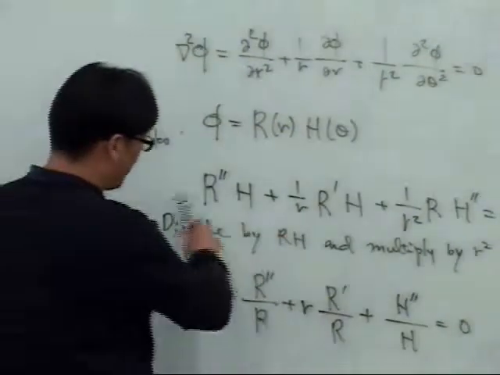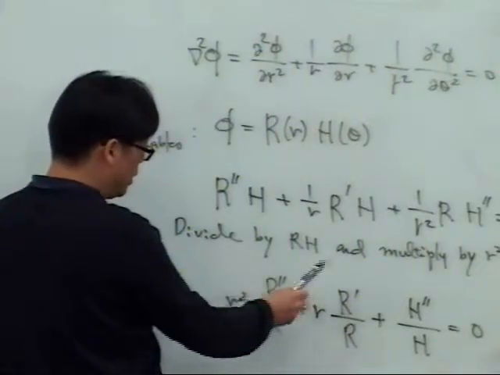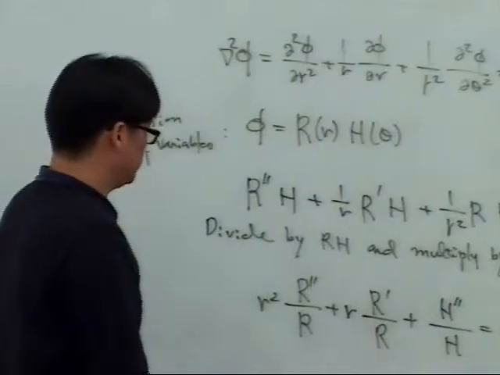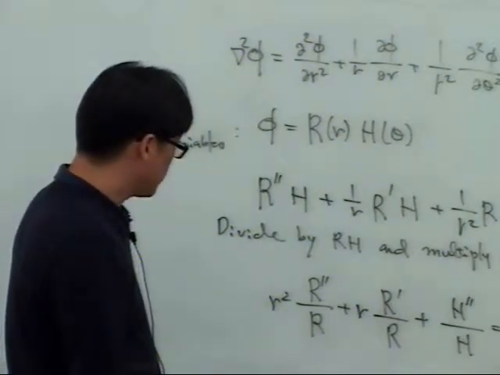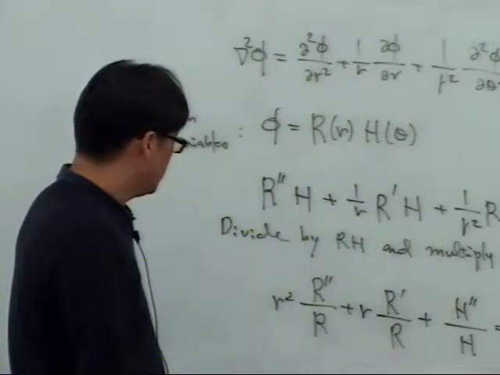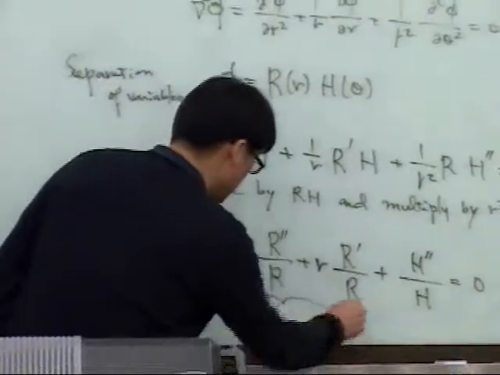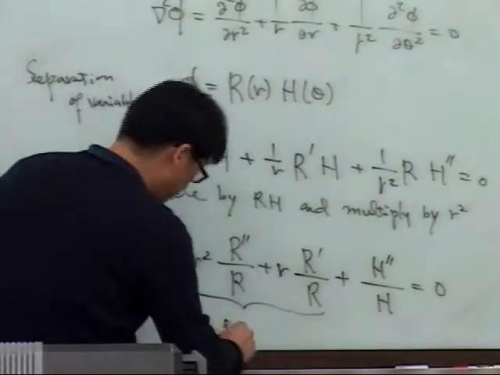So first I multiply by R squared, and then divide by R times h, and I end up with this. And then this is a function of R.